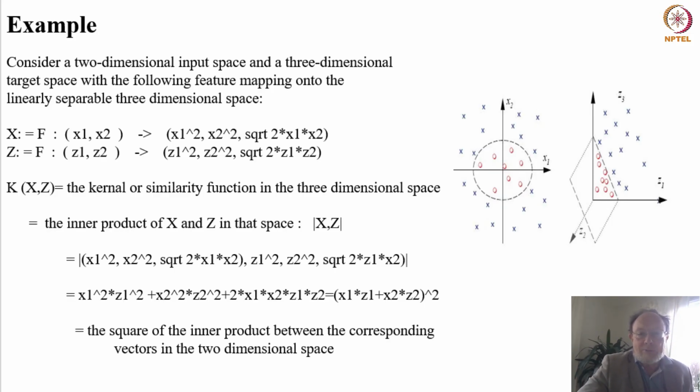It turns out that this becomes equivalent, depending on our initial choice of mapping, to the square of the inner product between the corresponding vectors in the two-dimensional space. So this means that we fulfilled what I said in an earlier slide: we want to define a similarity measure in the higher dimensional space, but still be able to compute these distances in terms of the coordinates in the original space. So this is a very simple example of how this can be achieved.